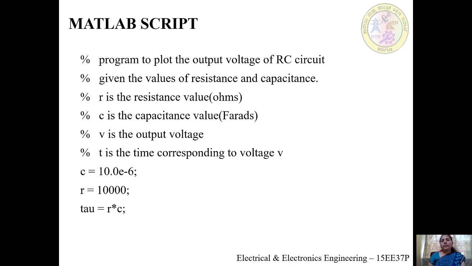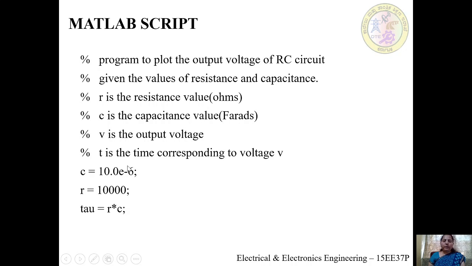Now we shall see the MATLAB script for the given exercise. So here I have just entered the given data like C, the value of capacitor and the value of resistance. So C is given as 10 microfarads. So that's what is shown here. Then the value of R is 10 kilo ohms.